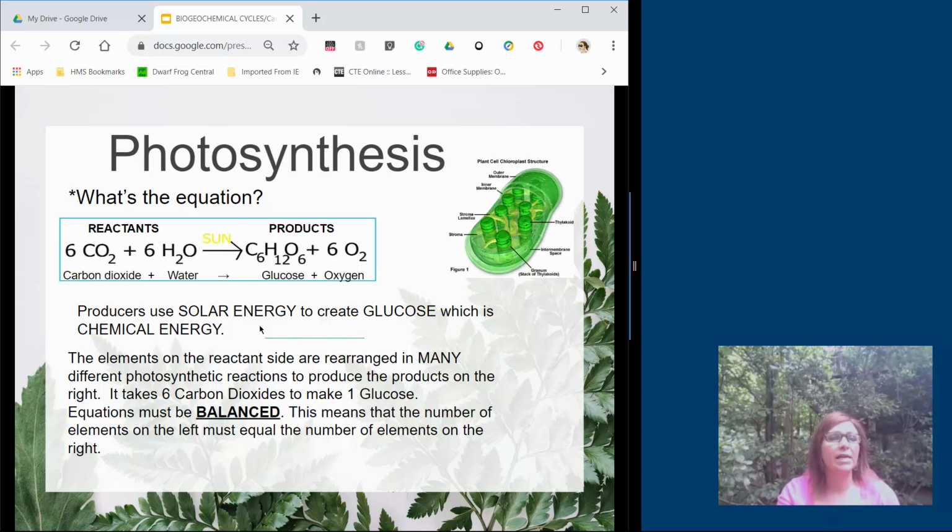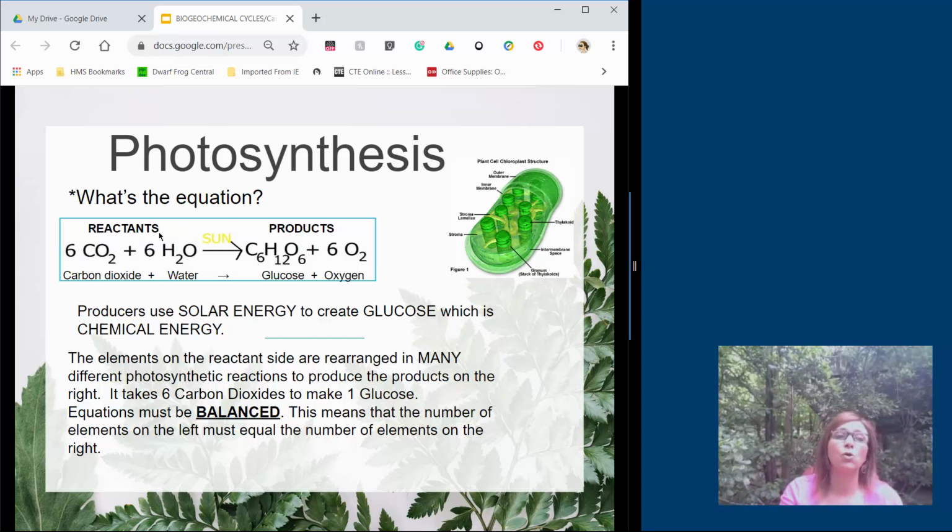So with this energy too, that solar energy, it's not on either side because sunlight is not an element. It's not a carbon, it's not hydrogen, it's just energy. And so that's why it goes over the arrow and not on either side with the reactants, because they react together, or the products, because that's what's produced. It is just over that arrow.